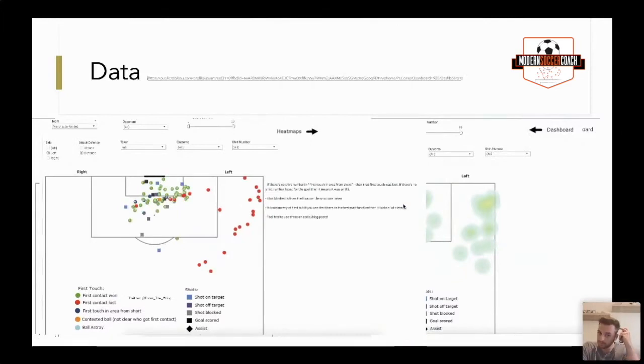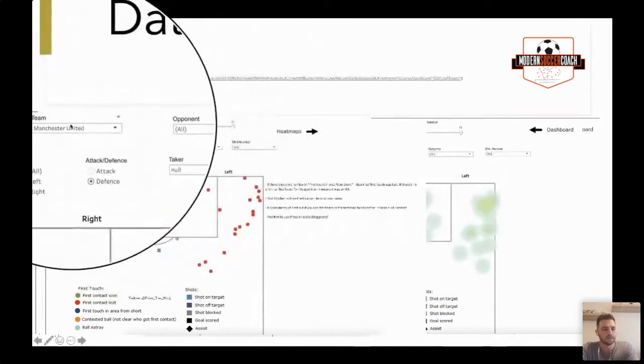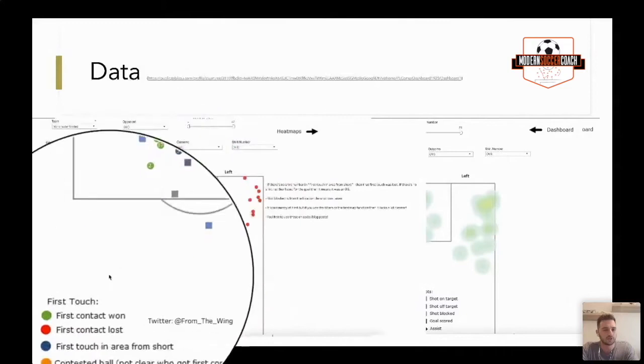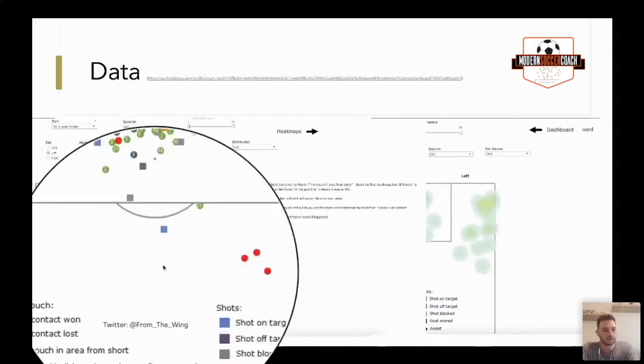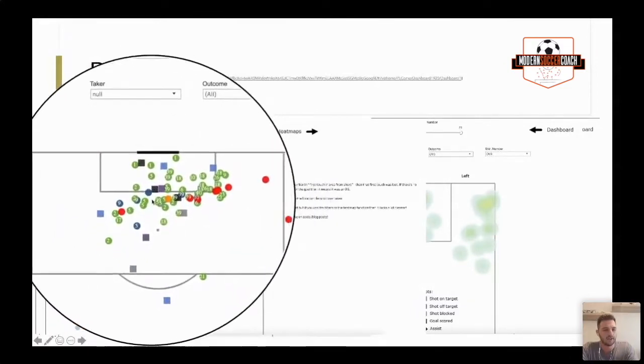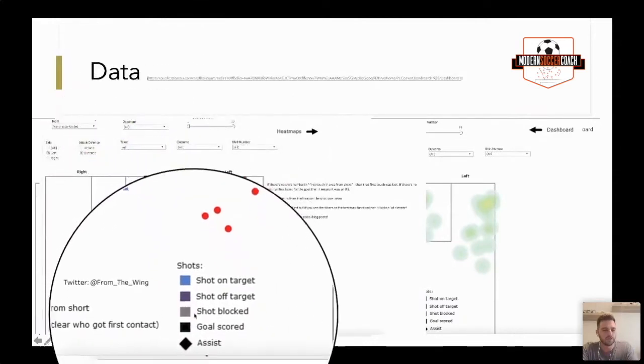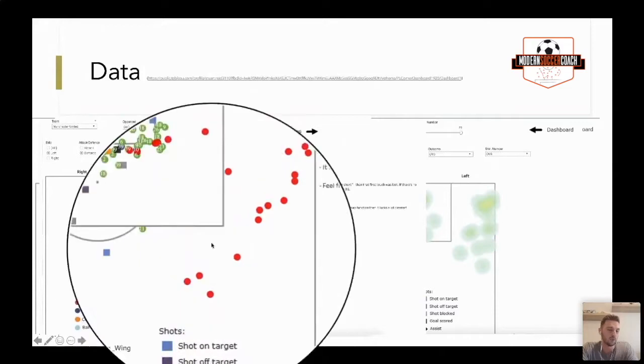This is the shots itself. This is from Manchester United, and you can see that the red circle is the first contact lost, and the black squares and the gray squares are the goals scored or shots blocked.